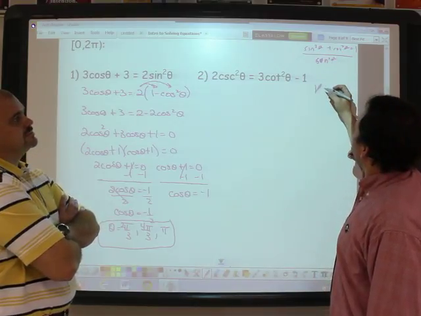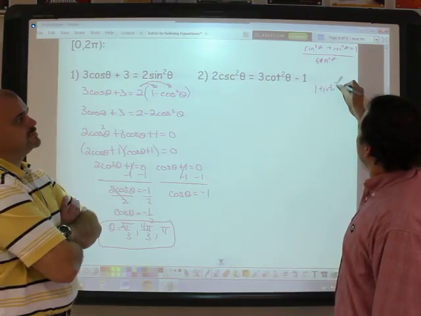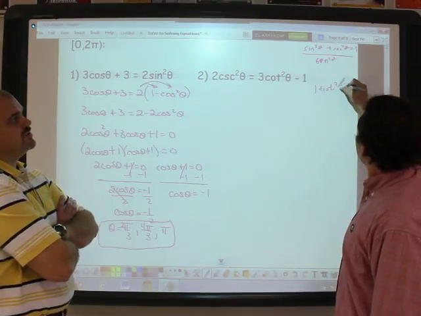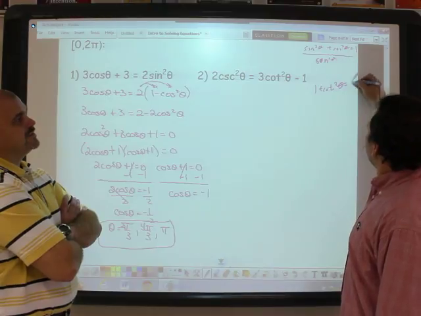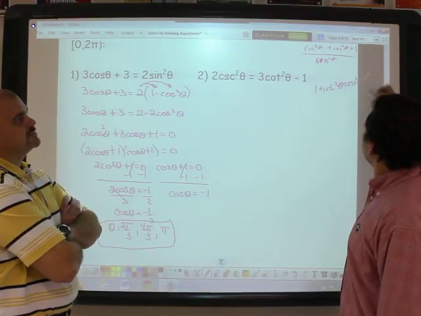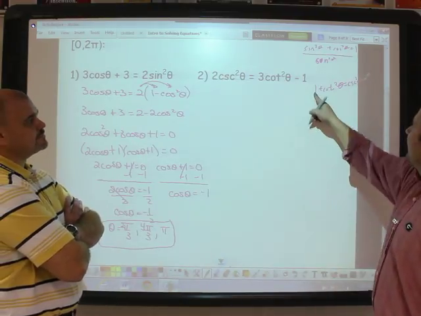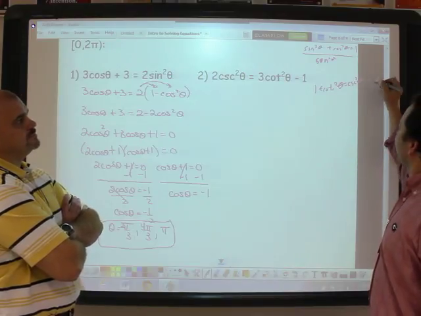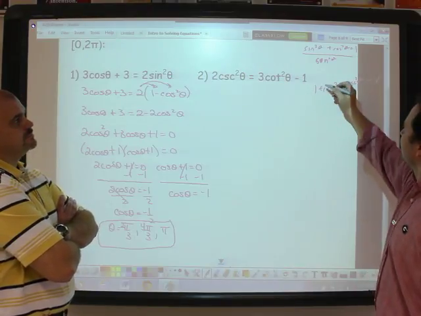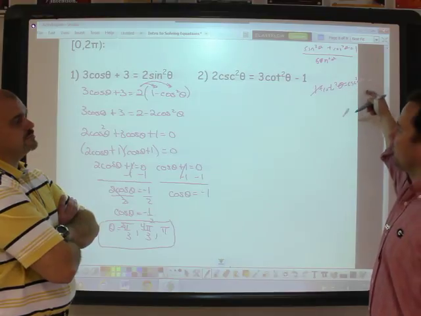Cosine squared divided by sine squared is my cotangent squared. And 1 divided by sine squared is my cosecant squared. Okay? So if I subtract 1 from each side, I can replace cotangent squared with cosecant squared minus 1.